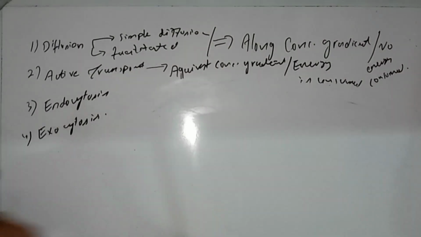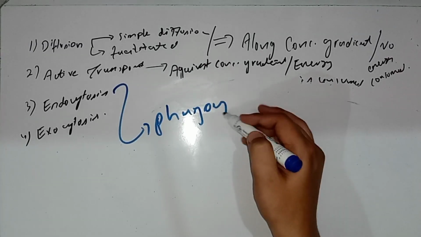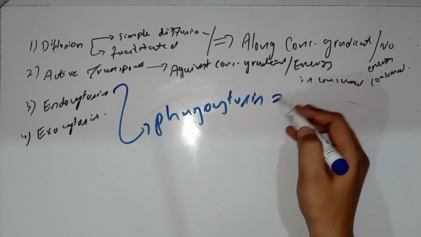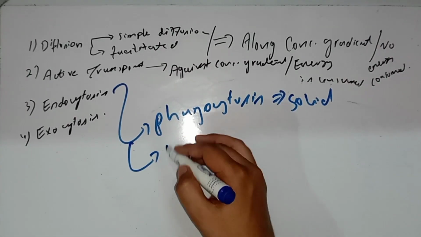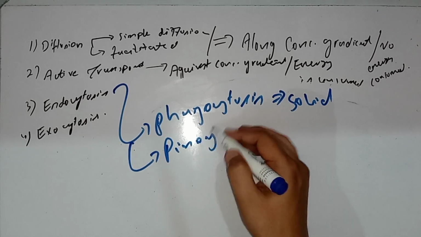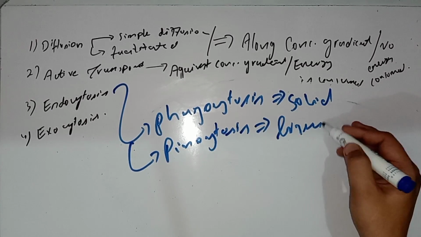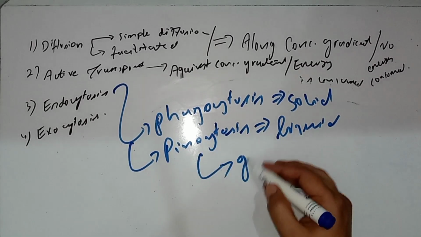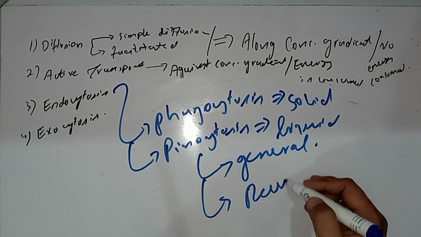Endocytosis can be phagocytosis, if there is eating of solid materials, and it can be pinocytosis, if there is eating of liquid materials. And pinocytosis can be general, in which no proper receptors are involved, or it can be receptor specific.